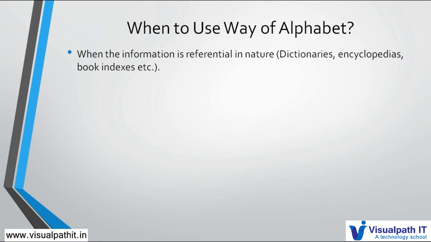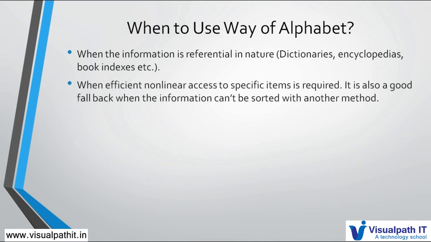When the information is referential in nature, that is dictionaries, encyclopedias, books, indexes, etc. When efficient, nonlinear access to specific items is required. It is also a good fallback when the information can't be sorted with another method. Yes, this was all about the alphabet.